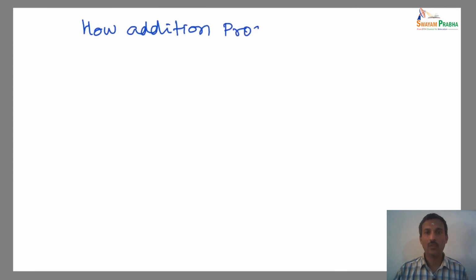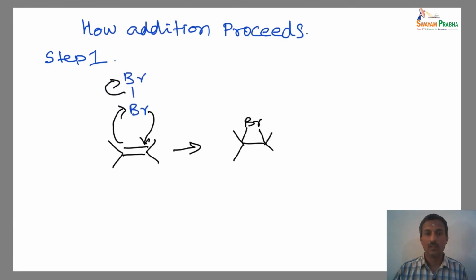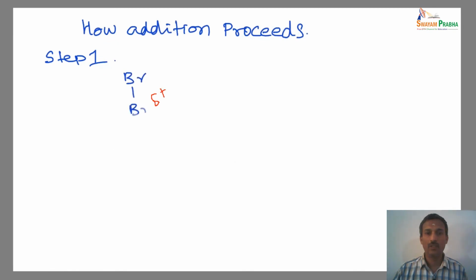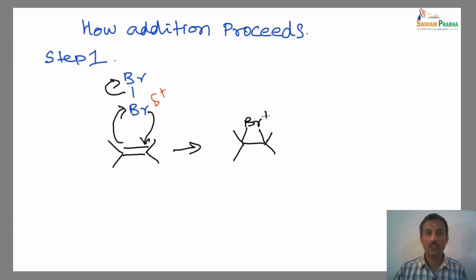Let us look at how the addition proceeds. So the bromine adds across the double bond. This is polarized and this actually has a delta positive charge because the double bond is an electron rich species.